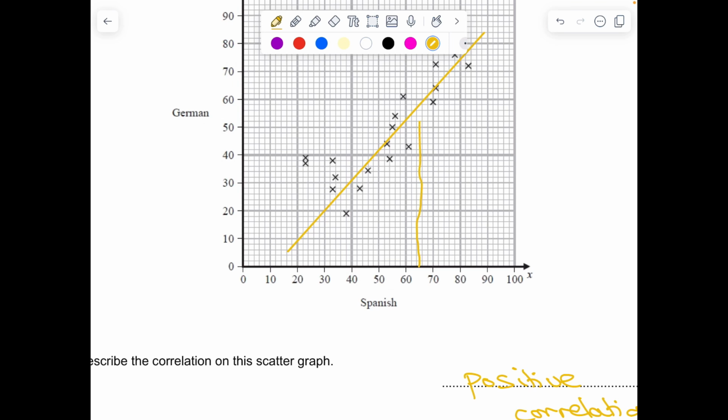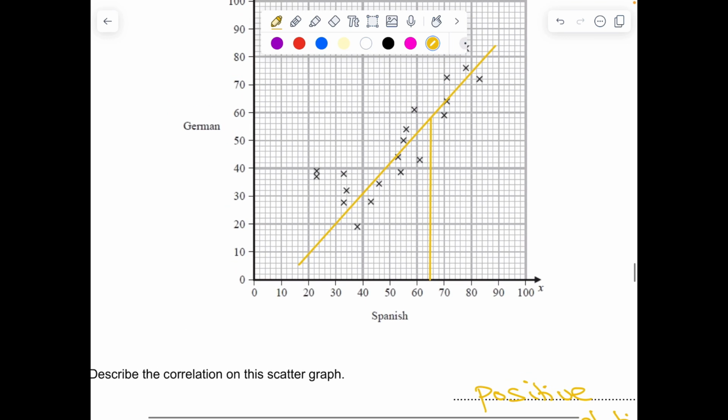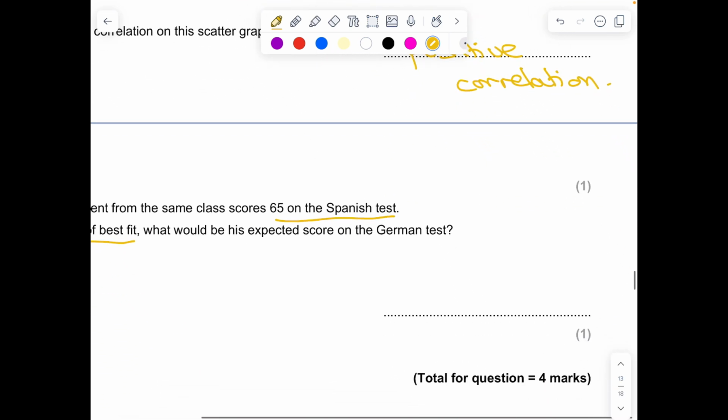Keep it in the middle. So that's 65 on their Spanish test. What did they get on their German test? So roughly reading it off, I would say 58 from that, okay? So my answer would be 58.